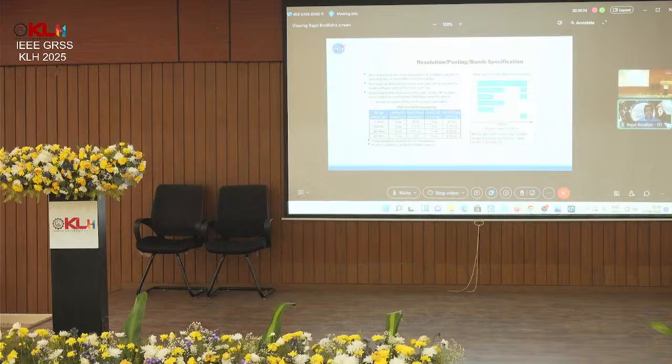This is a table of the bandwidth versus resolution. Depending on your bandwidth, your resolution changes. Depending on where you are, the bandwidth is going to be different, and then resolutions will be slightly different.